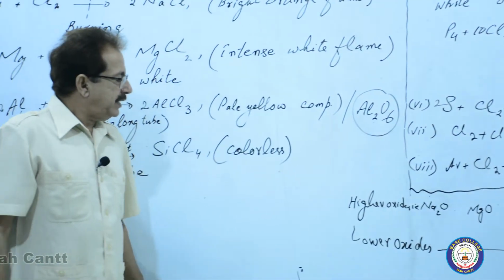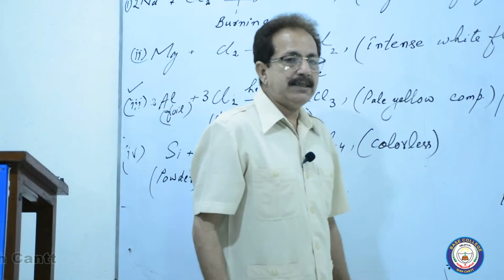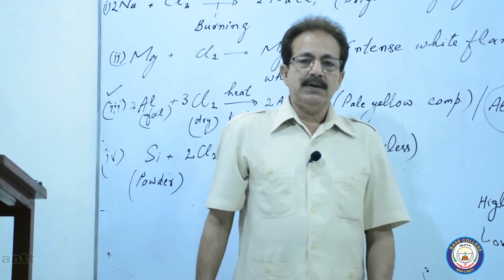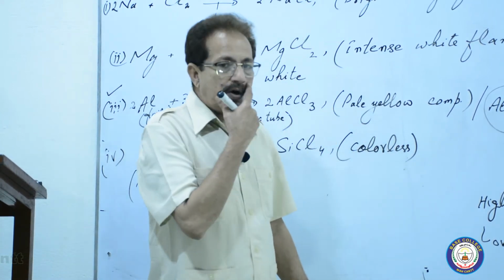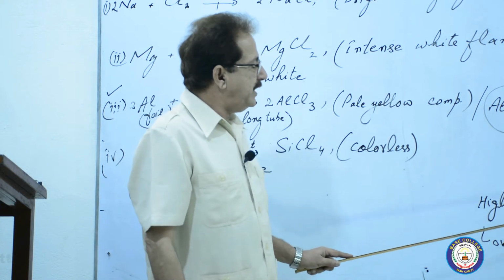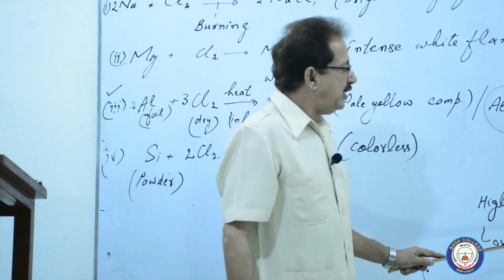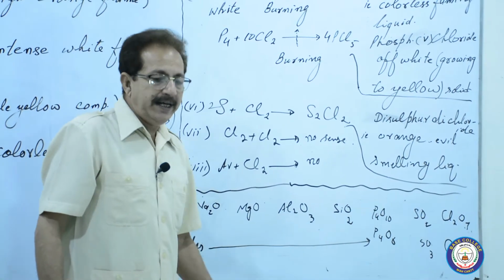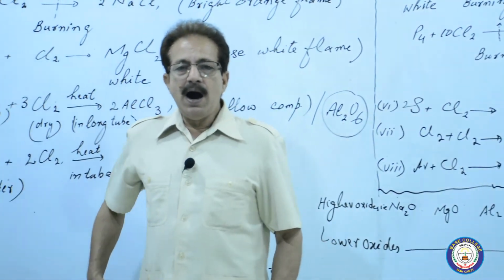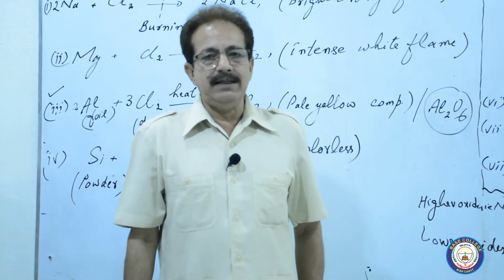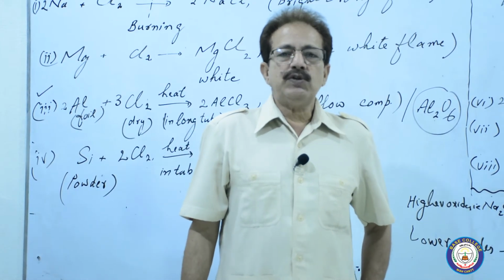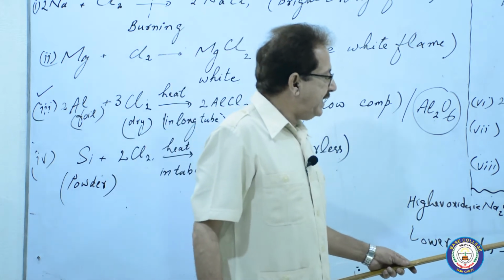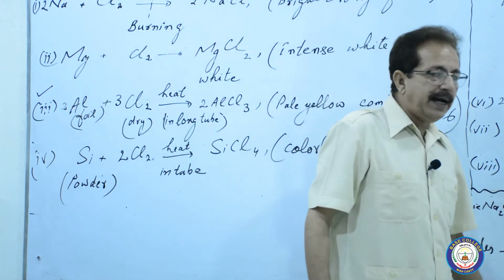Now the reason. In higher oxides, all the valence electrons of sodium, magnesium, aluminium, silicon, phosphorus, sulfur, chlorine are utilized in bonding. That's why their oxidation states are higher.